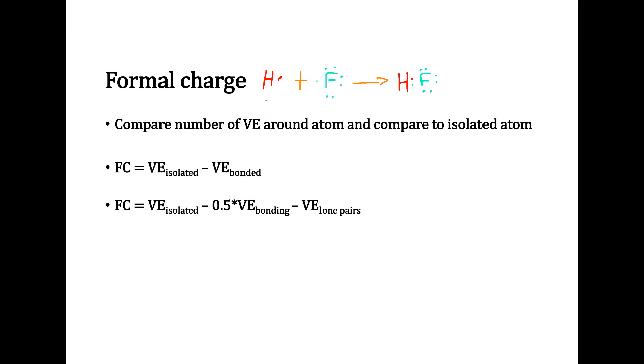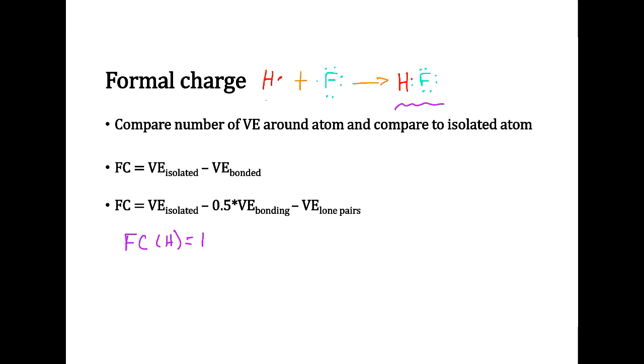So let's go ahead and consider, for example, HF. We've already drawn this Lewis structure before. So for the formal charge for hydrogen, how many valence electrons are in the isolated species? Hydrogen has 1. Whenever we are trying to figure out how many valence electrons there are in the molecular compound, we have to be careful because we count the electrons in 2 different ways.